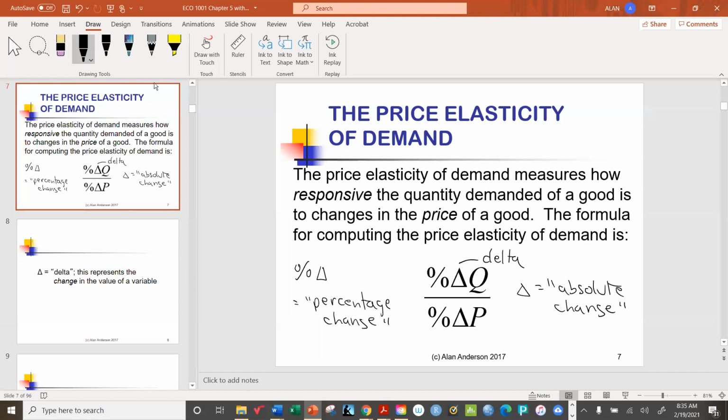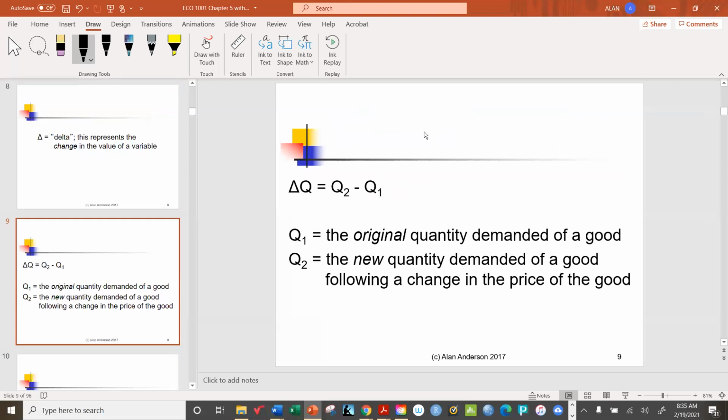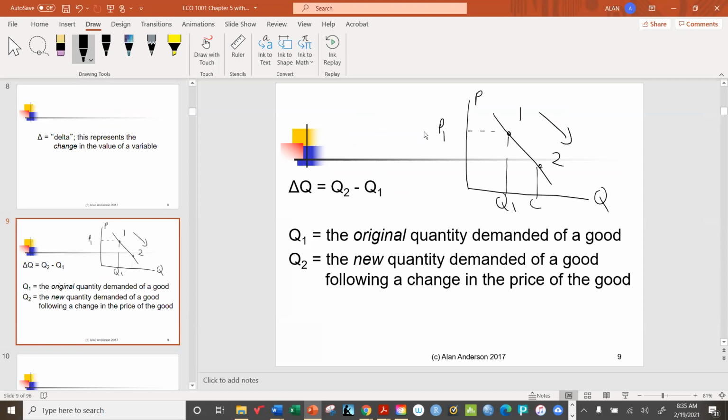Okay, so then we formally defined it with a formula. So delta Q will represent Q2 minus Q1 based on the assumption that we've moved across a demand curve from, let's say, point 1, where we have P1 and Q1, down to, let's say, point 2, where we have the second price, the second quantity.